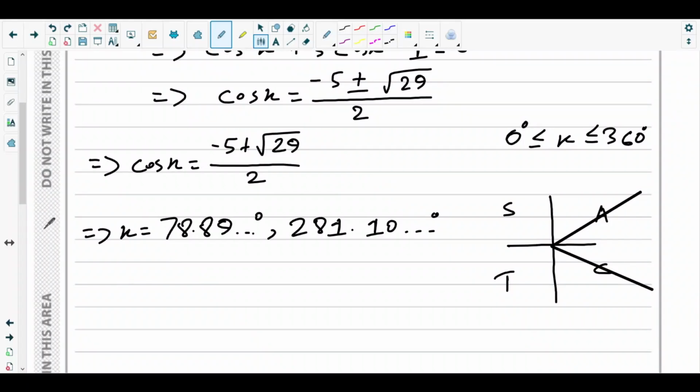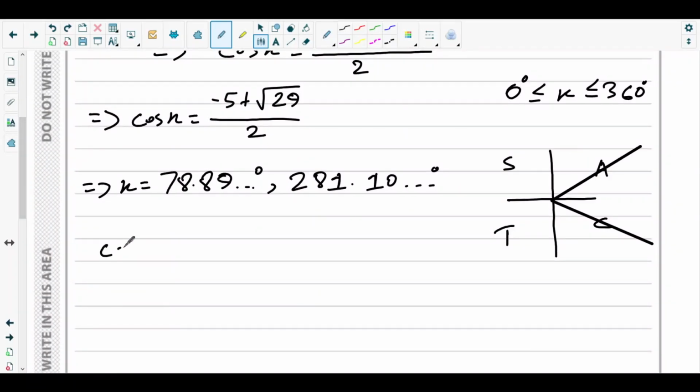Then for the negative cos x value, negative 5 minus the square root of 29 over 2, we take cos inverse of the answer.